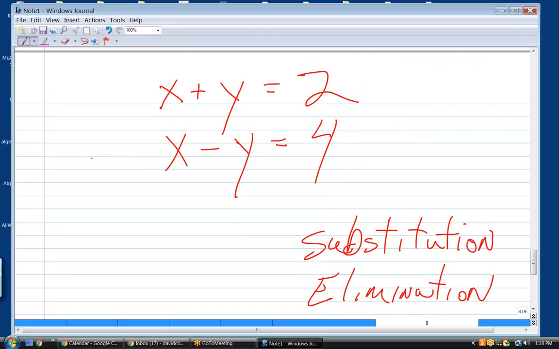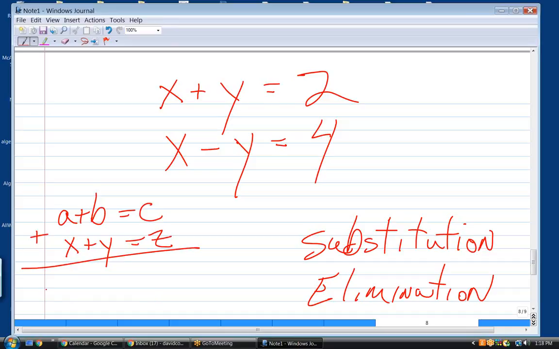One of the things you can do if you have equations is you can always add them together or subtract them. In other words, if I tell you that a plus b equals c, and also x plus y equals z, then you can add those two equations together to get a plus b plus x plus y equals c plus z.